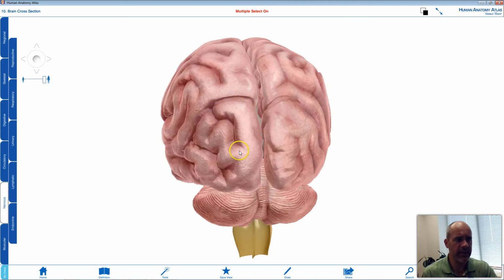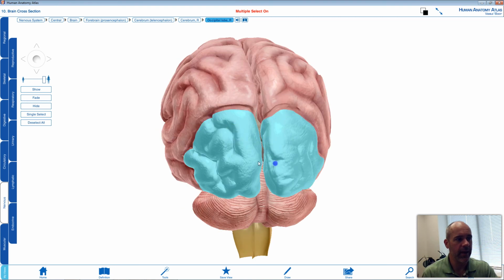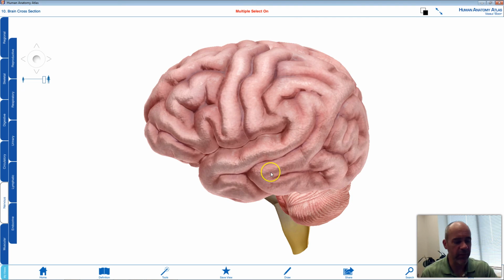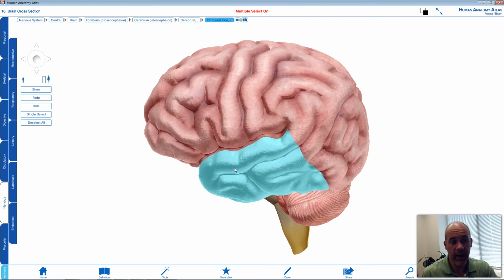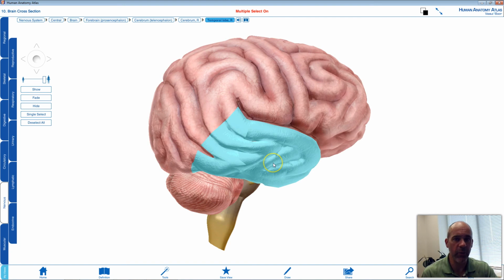All right, and then you have your occipital lobe in the back, in that occipital area. Okay, and so you've got a left side of that, a left side of your occipital lobe. So we'll deselect those. Visible body is good for seeing the borders of these different lobes pretty easily. And then finally you have the temporal lobe on the left, and then you've got a temporal lobe over here on the right.